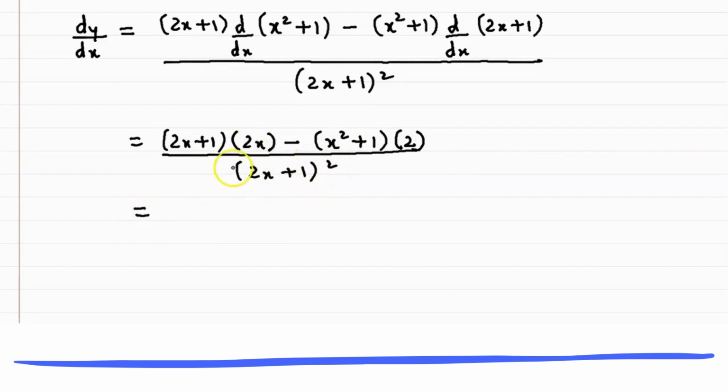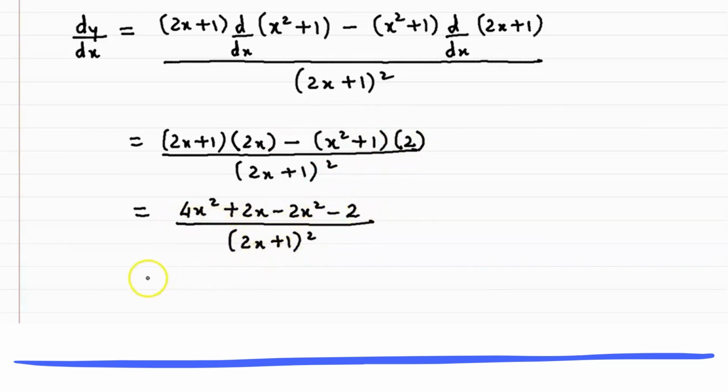Now let us simplify the numerator. 2x into 2x gives us 4x square. 2x into 1, so that's plus 2x. 2 into x square is 2x square, and the negative sign here, so we have minus 2x square, and 2 ones are 2 with the negative sign, so we have minus 2, divided by (2x plus 1) the whole square.